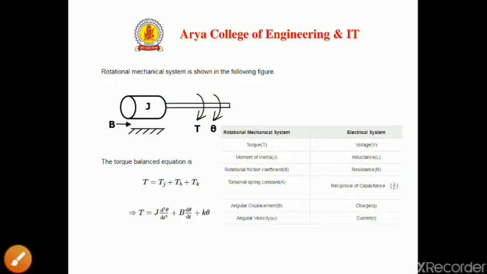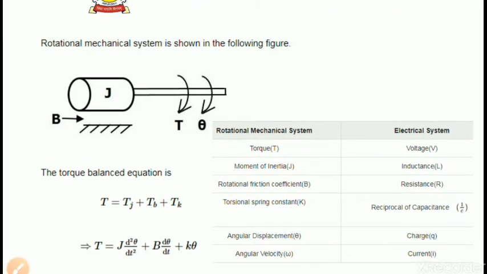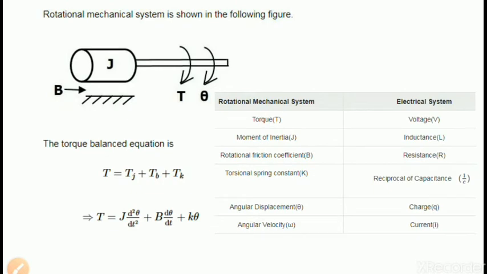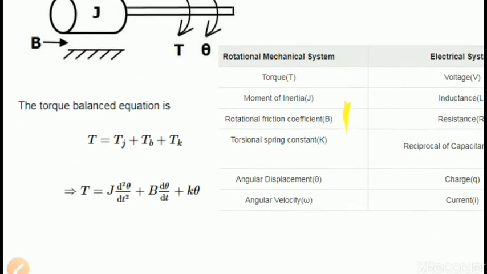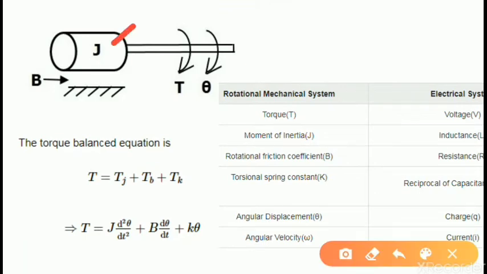We have another mechanical system, that is the rotational mechanical system. In the rotational mechanical system, we have moment of inertia J, damper, and we also have a torsional spring.